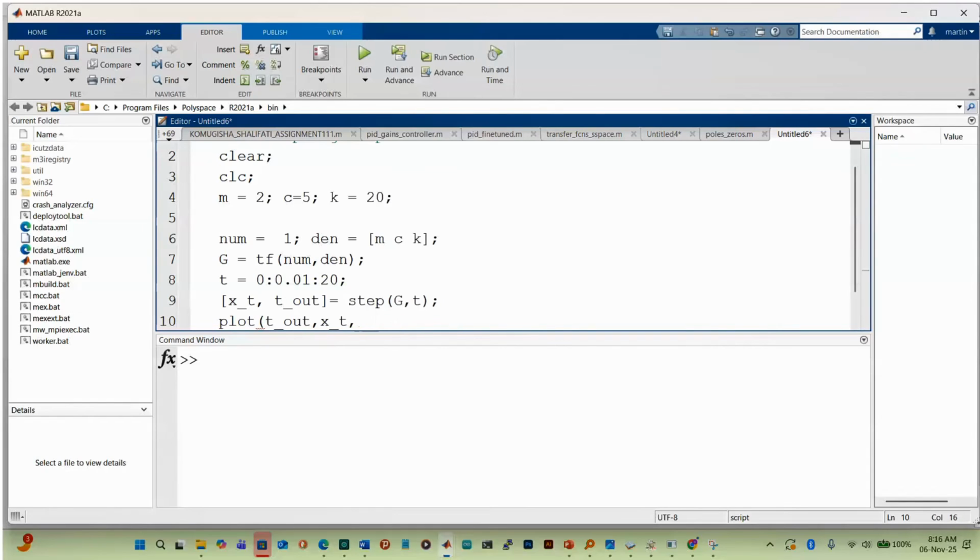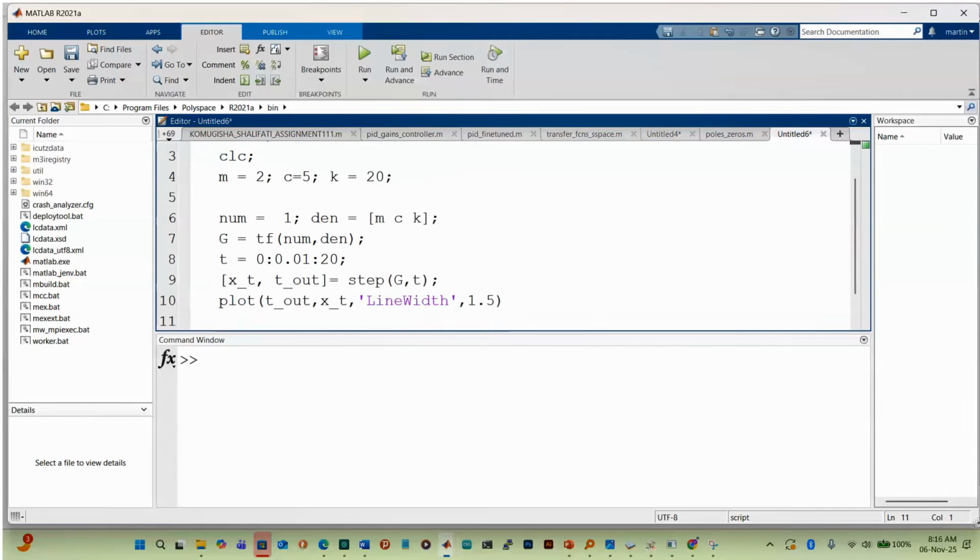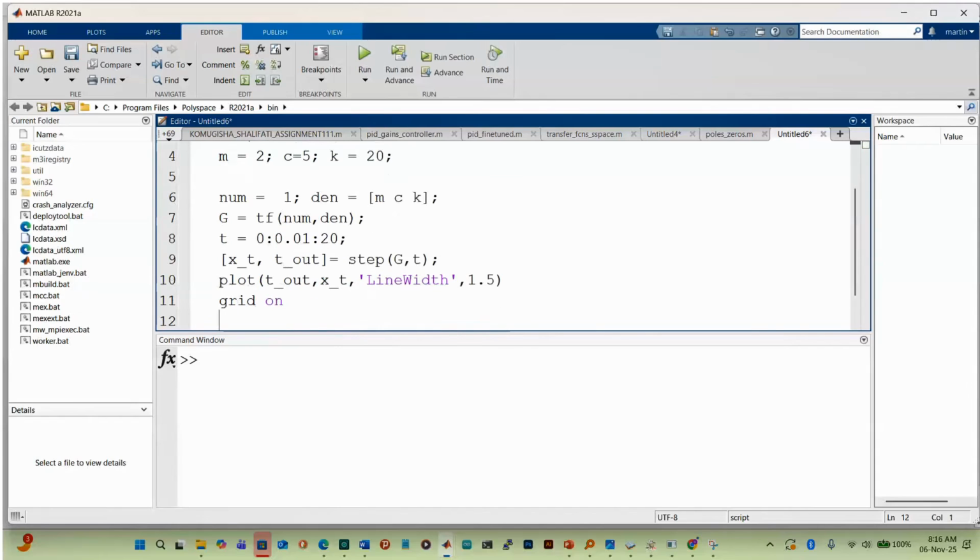This is supposed to be in quotes, 'LineWidth', comma 1.5. We close it, and then we can do the grids. We say grid on, and make sure that our grids are on.